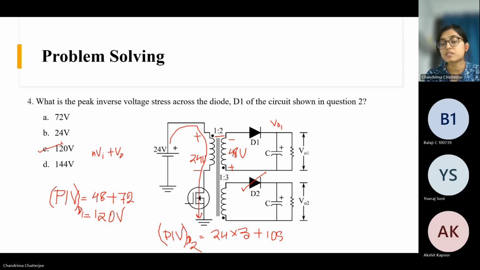So 72 plus 108 comes out to 180 volt, right?